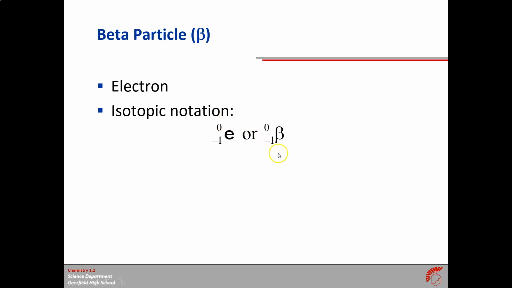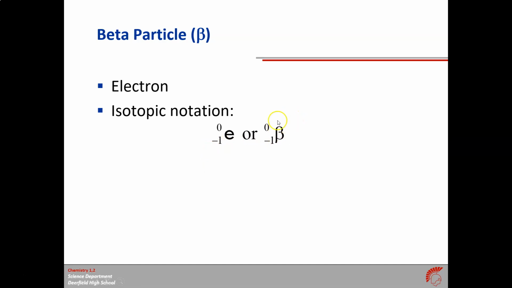You're going to see that it looks a little different, because normally where the atomic number goes, we're going to put a -1, because the electron is really opposite of a proton, right? The number down here, the atomic number, usually identifies the number of protons. Well, we're going to put a -1 because it's the opposite of a proton.